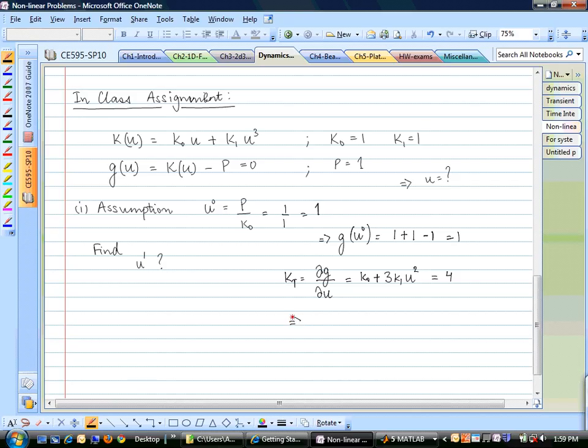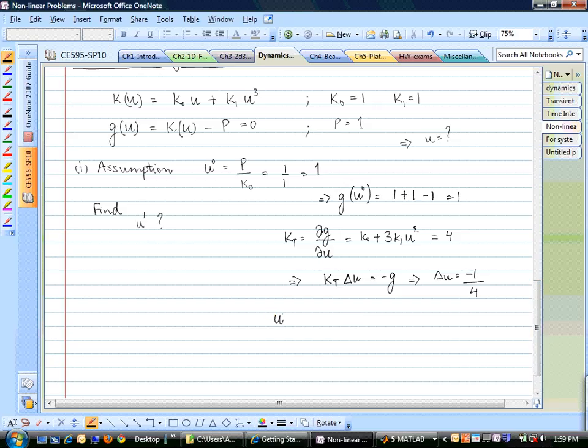And that implies that k times delta u is equal to minus g, which implies delta u is equal to minus 1 over 4. And therefore, u1 is equal to u0 plus delta u, 1 minus 1 upon 4, 3 upon 4.